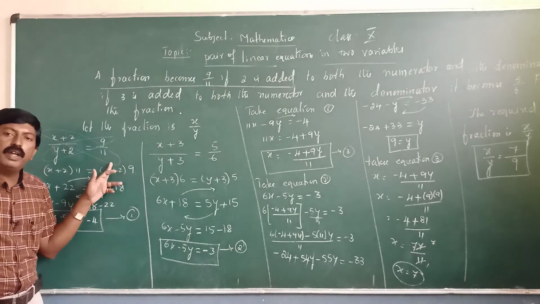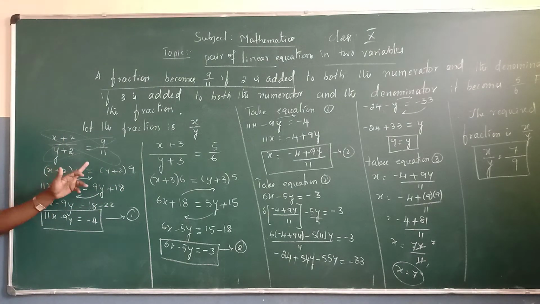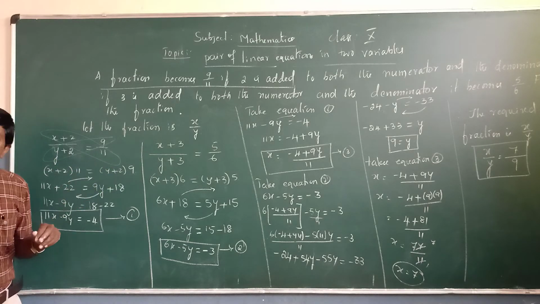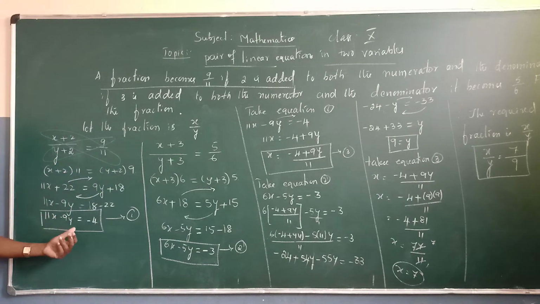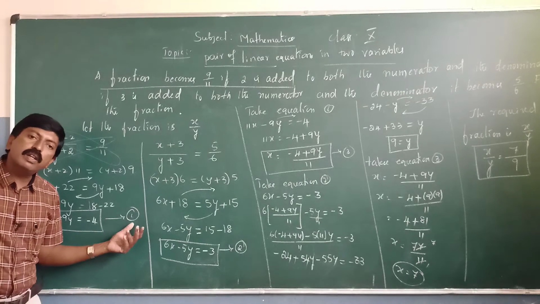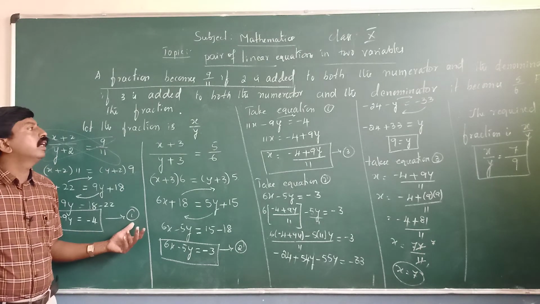9 by 11, you can cross multiply. So x plus 2 into 11 is equal to y plus 2 into 9. You can simplify. You will get an equation 11x minus 9y is equal to minus 4. Call this equation 1.